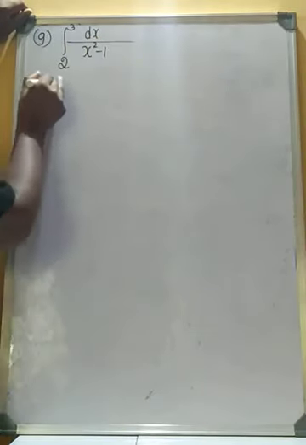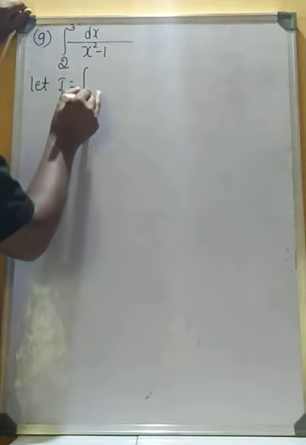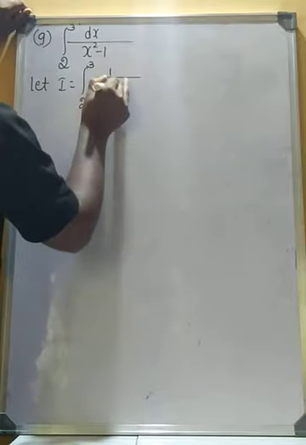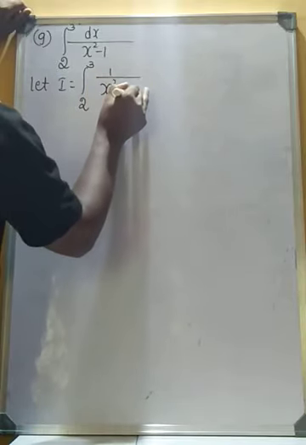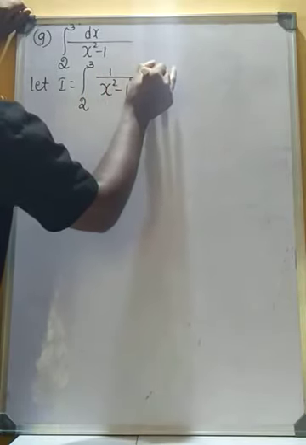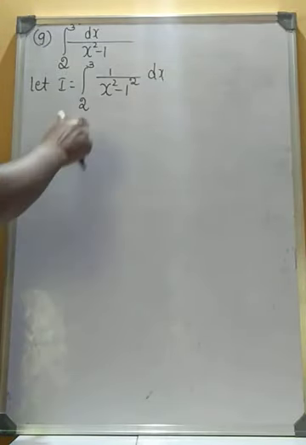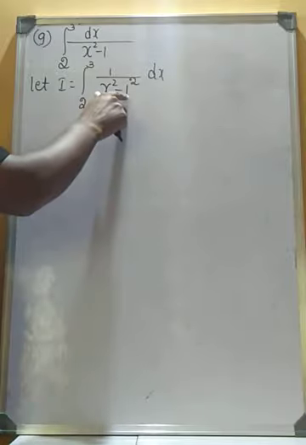So let I equal the integral from 2 to 3 of 1 by x square minus 1 square into dx. What is the form of this? 1 by x square minus a square.